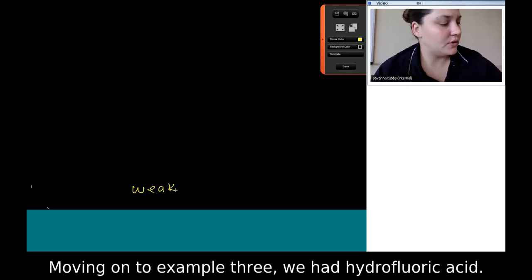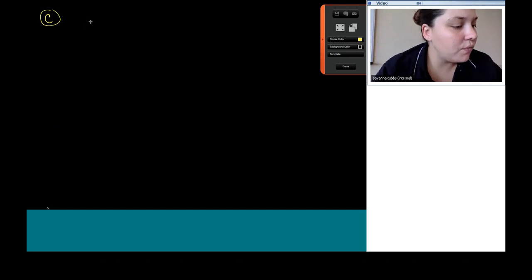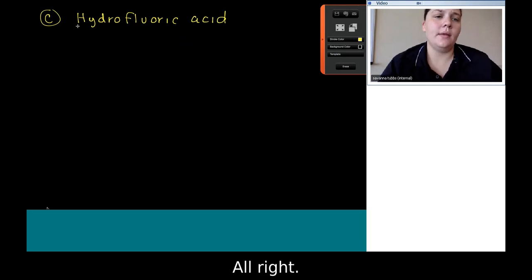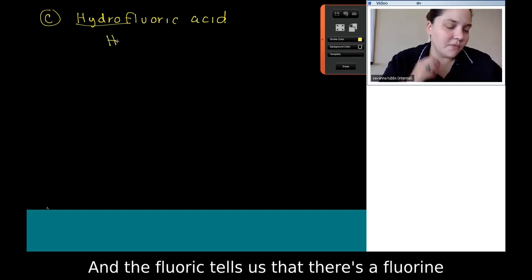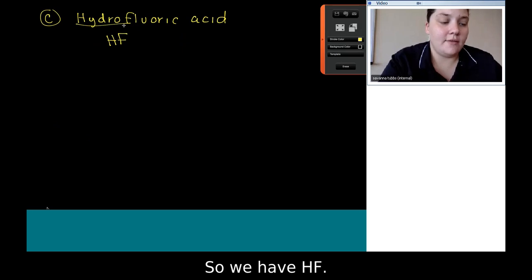Okay, moving on to example 3. We had hydrofluoric acid. Hydro, we know that there's going to be a hydrogen, and then fluor tells us that there's a fluorine. So we have HF.